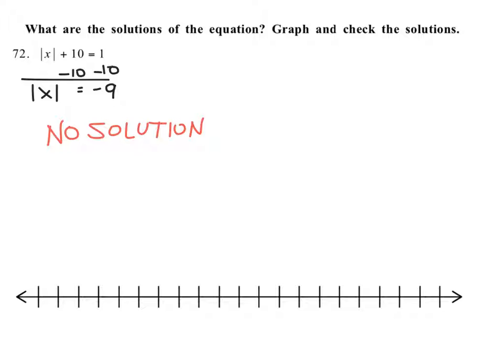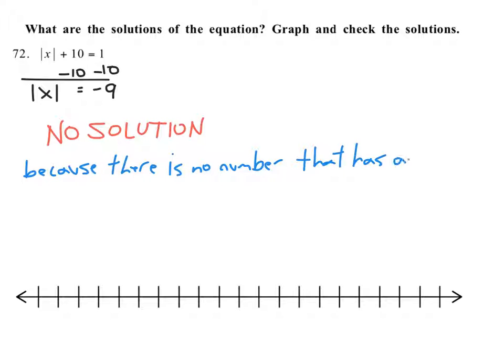And why is it no solution? No solution because there is no number that has an absolute value of negative 9.